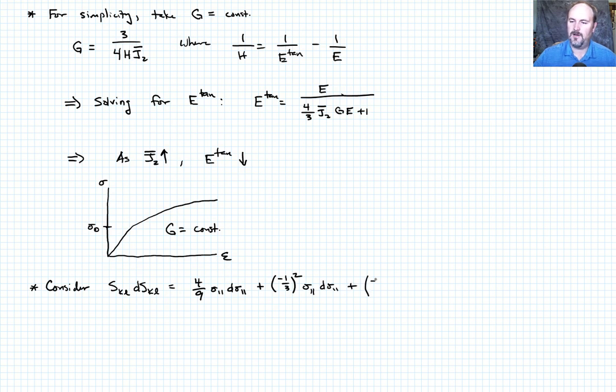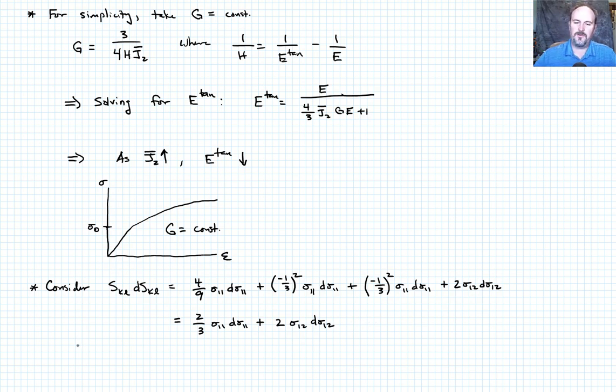Plus, again, the same quantity, negative 1/3 squared sigma 11 d sigma 11. And then there'll be two contributions from the stress, both the 1,2 and the 2,1. So that ends up giving us 2 times sigma 1,2 d sigma 1,2. That's how we would compute this scalar quantity. We can combine these to find that this is 2/3 sigma 11 d sigma 11 plus 2 times sigma 1,2 d sigma 1,2.